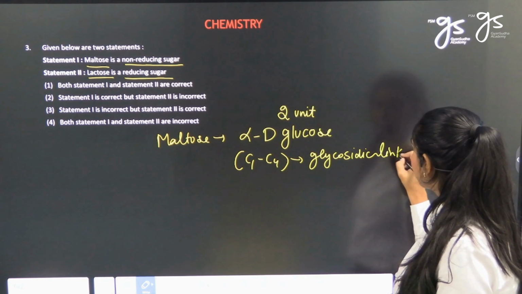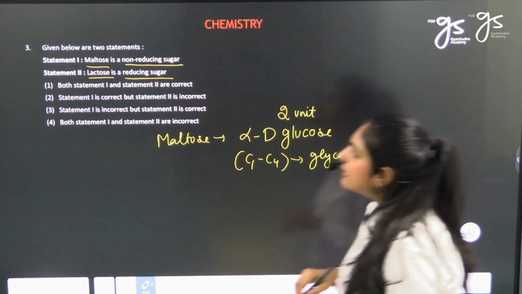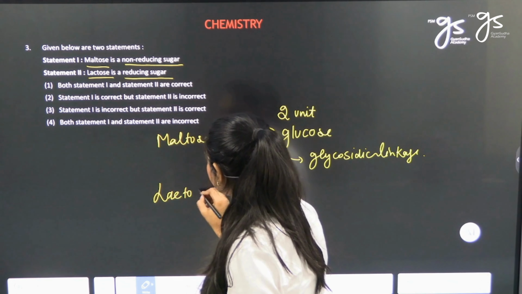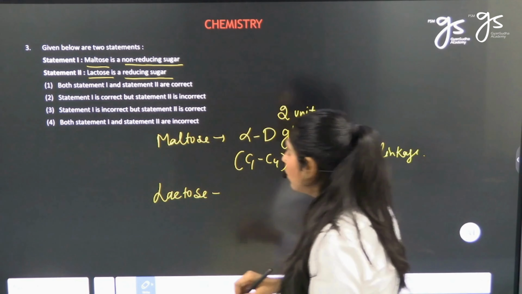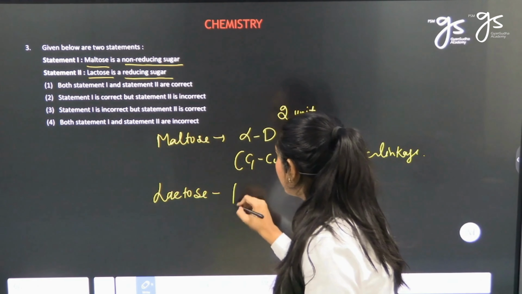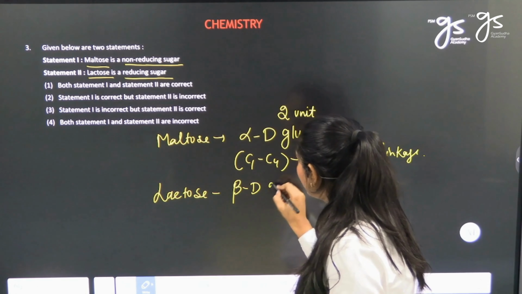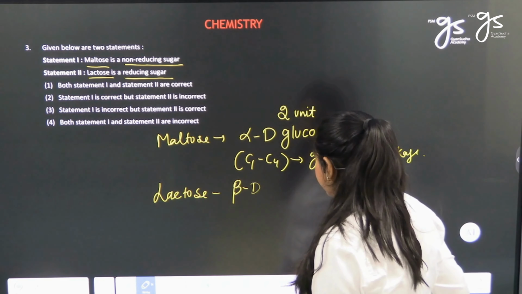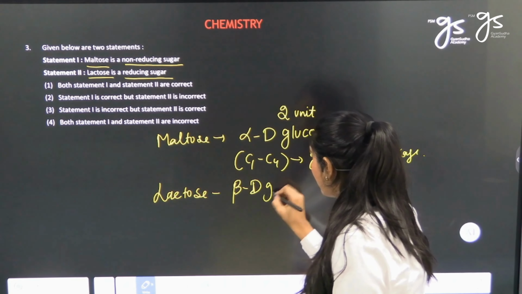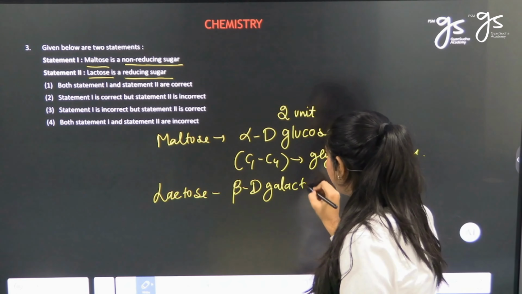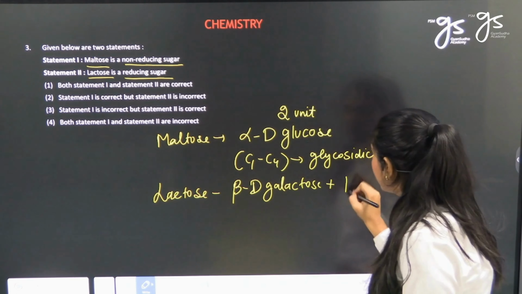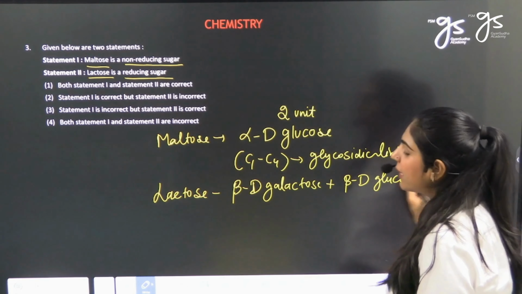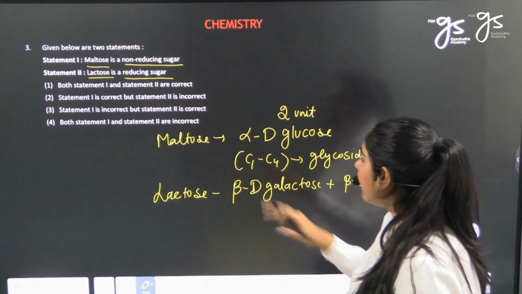And for statement number 2, that is lactose, beta D galactose and beta D glucose are combined. They both make up the composition of lactose.